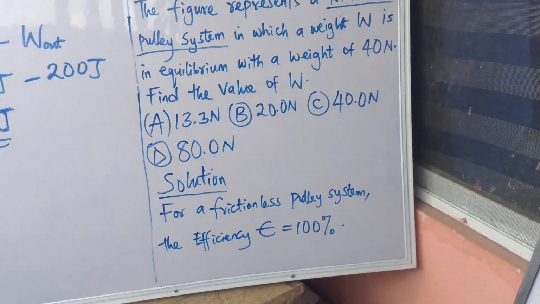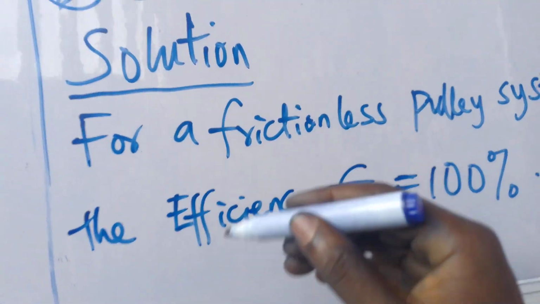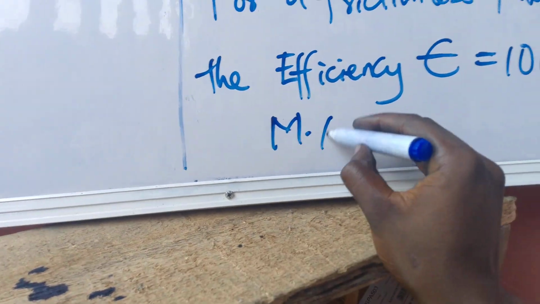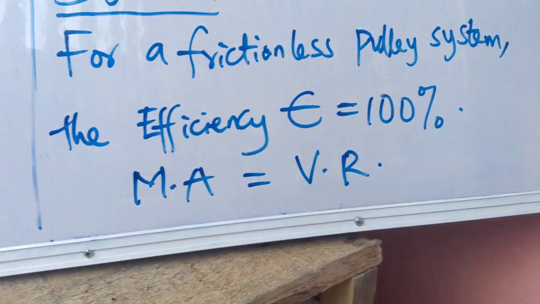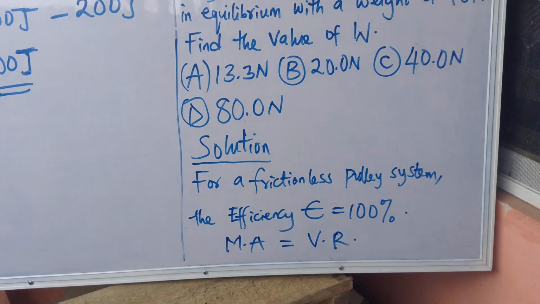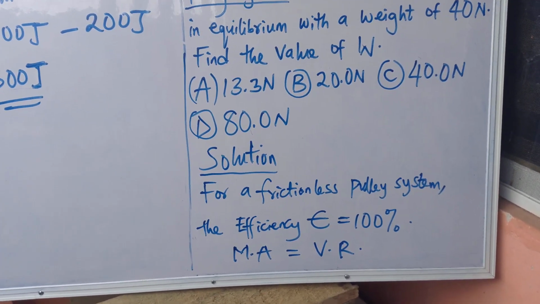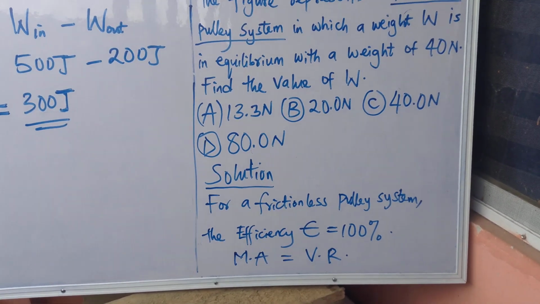Okay. So if the efficiency is 100%, it implies that the mechanical advantage will be equal to velocity ratio. So let's prove quickly that the mechanical advantage is equal to velocity ratio.